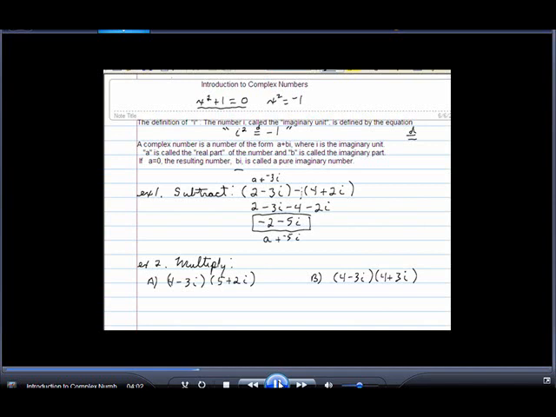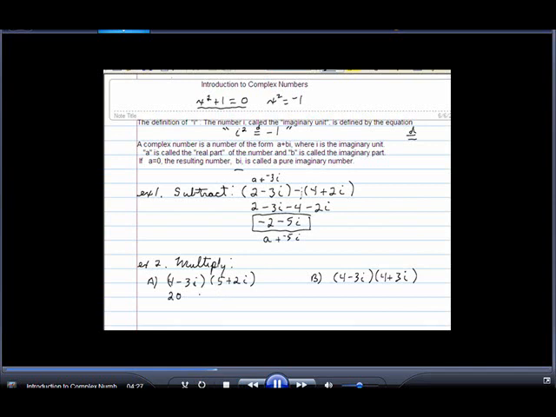Well, the good news continues. Multiplication for complex numbers also follows the same rules as multiplication for real numbers. So do this problem just like a binomial product, where the i is going to operate the same as an x was. So we start off, to get the first term of our answer, we multiply the first terms and get 20.